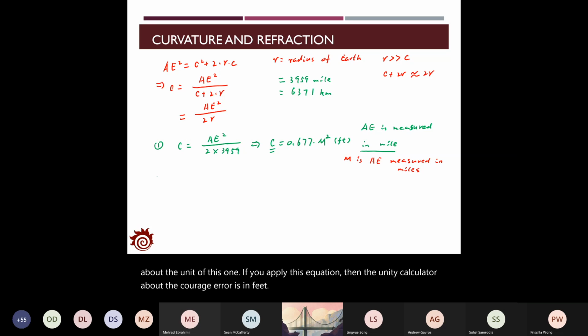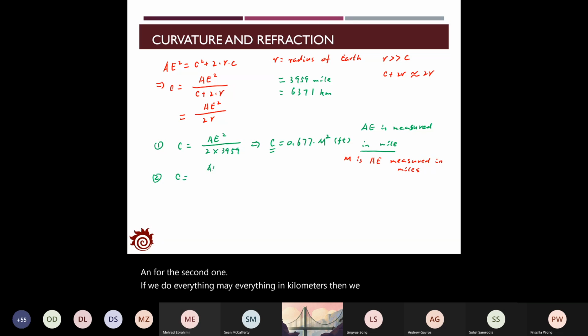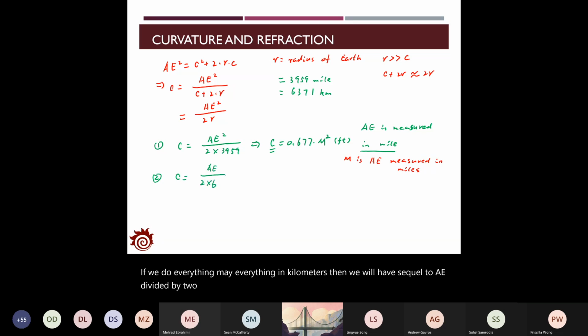For the second one, if we measure everything in kilometers, then we will have C equal to AE squared divided by 2 times 6371.